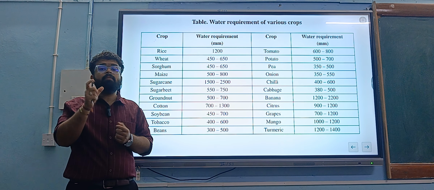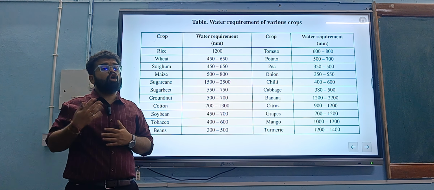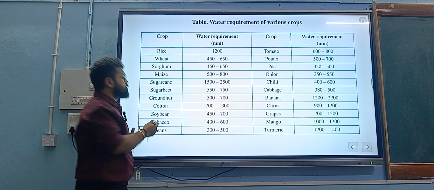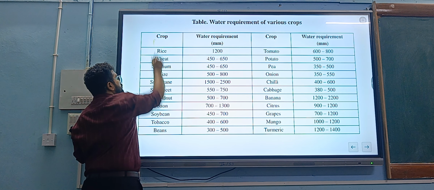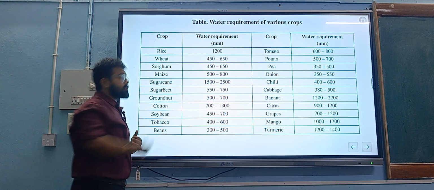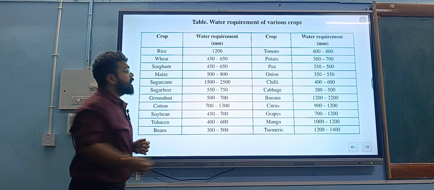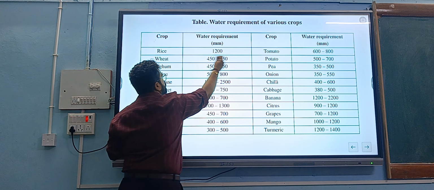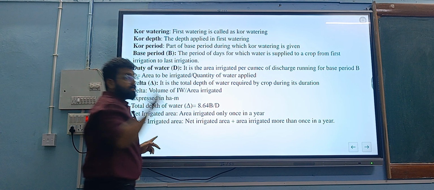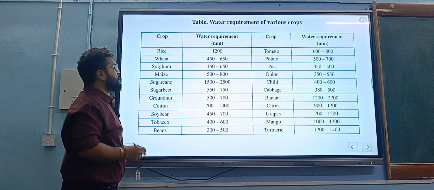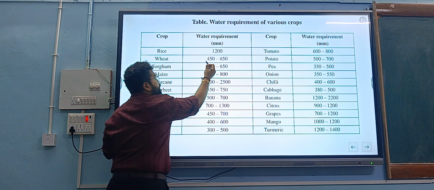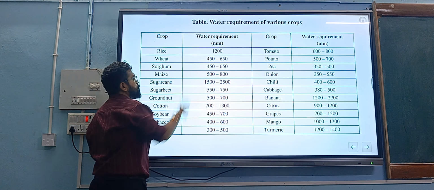how much is the minimum amount of water required for crop growth and development. If you see here, this is a wonderful chart. Most competitive exams ask this. Rice requires the highest, around 1200 mm of water, considering its duration. Wheat requires 450 to 650 mm of water.